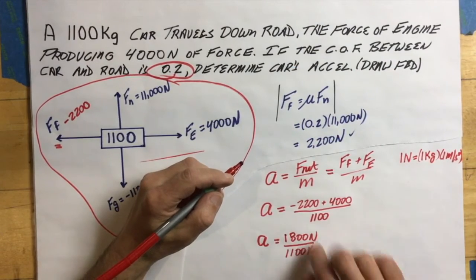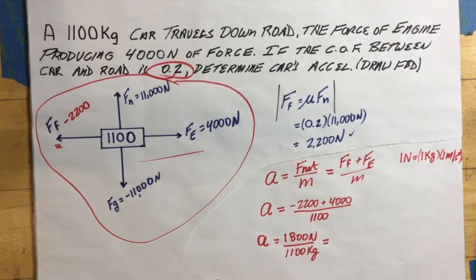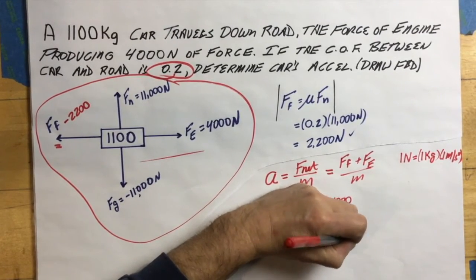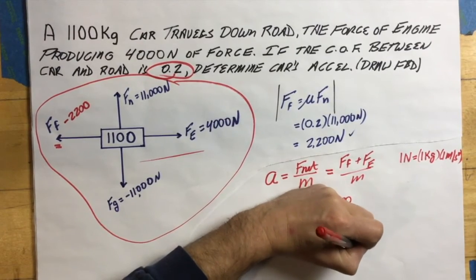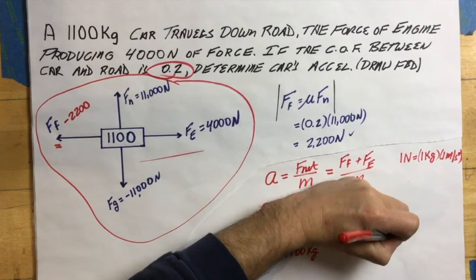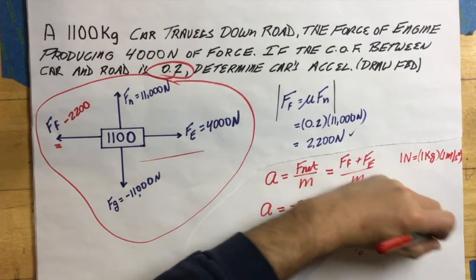So if you divide a Newton by a kilogram, you get an acceleration rate. So this is going to come back out to be 1.64 newtons per kg, which means 1.64 meters per second squared.